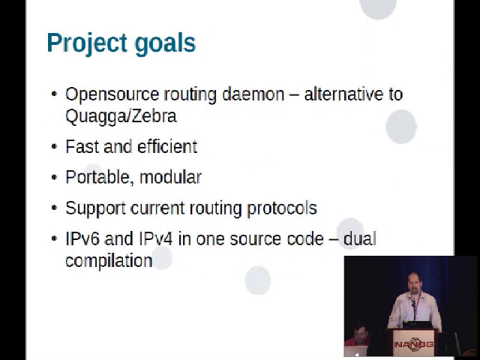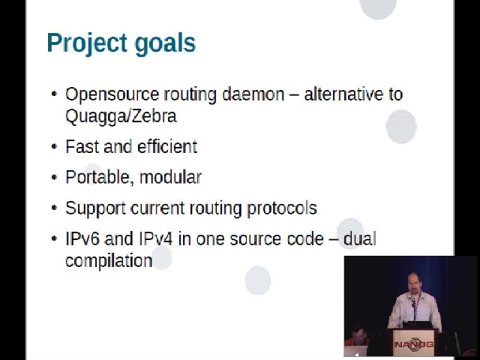At that time, and please remember it was 1999, we set some goals, in simple words, to have the best internet routing daemon in the world. And at that time it seemed to be very easy because Quagga was just at the beginning.